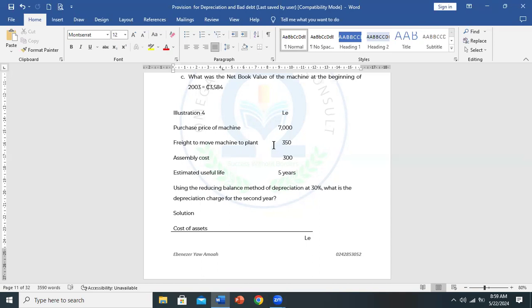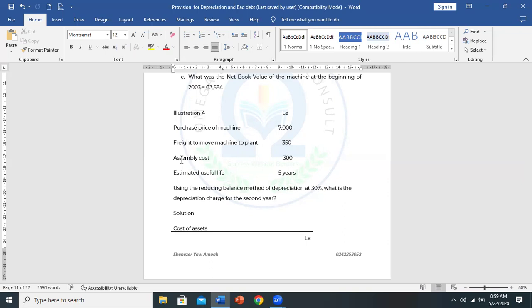And a plant is where you set up a machine to be able to function and work properly. Then we are also given assembly costs. Okay, you can only use the machine if it has been assembled. So this cost is part of the cost of the machine.